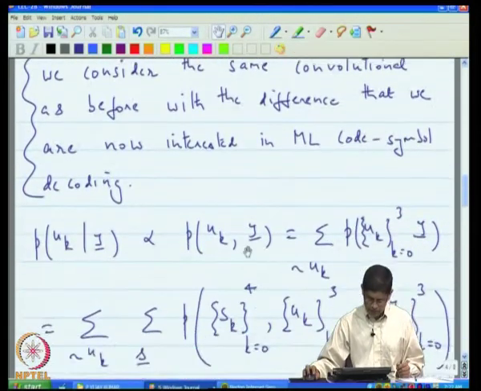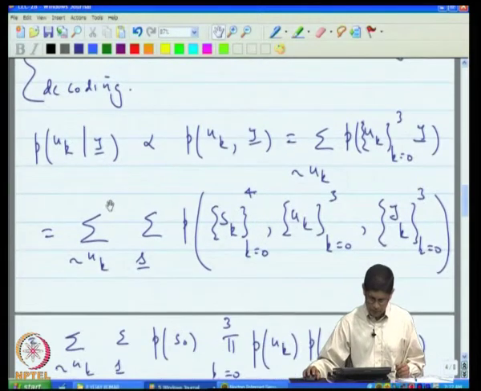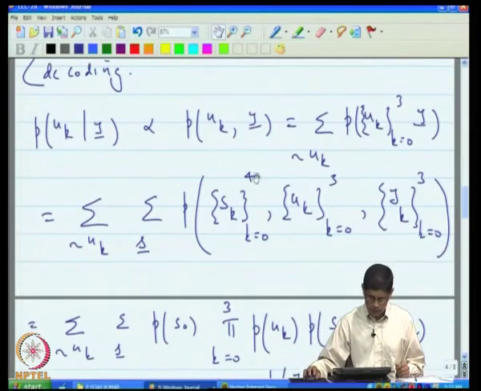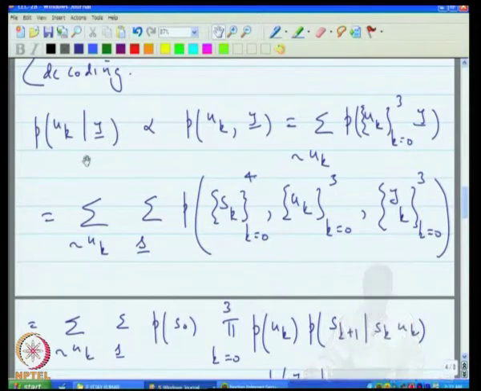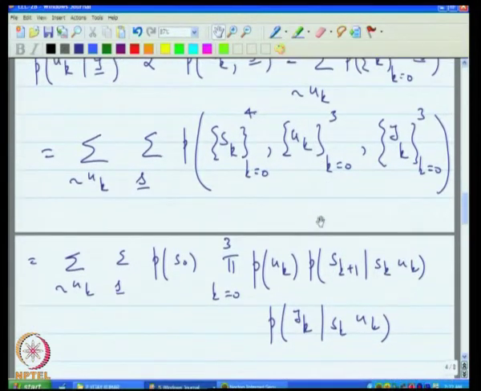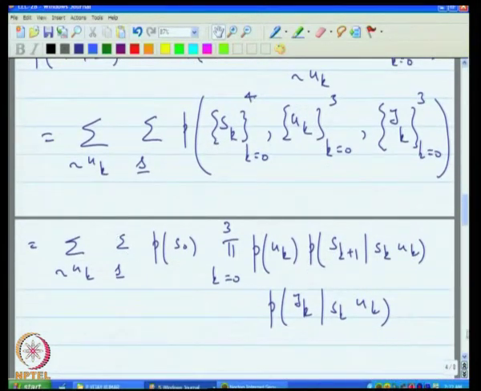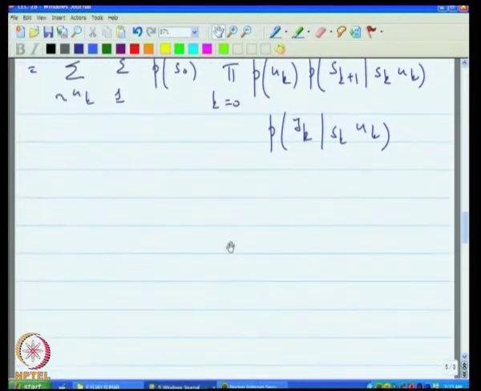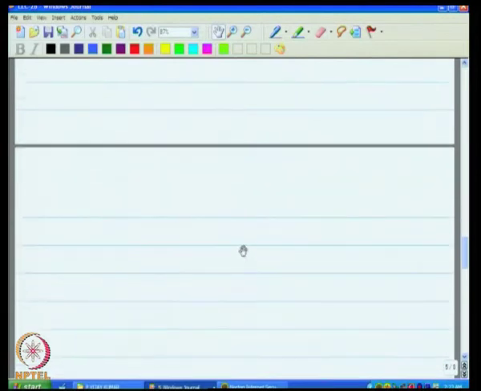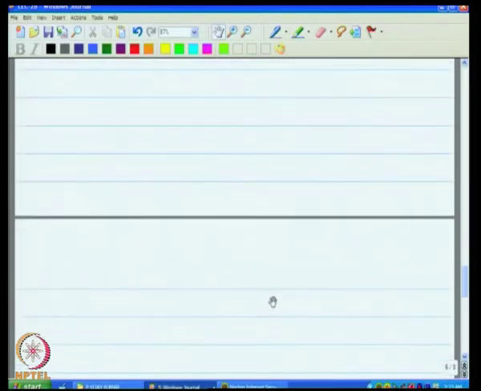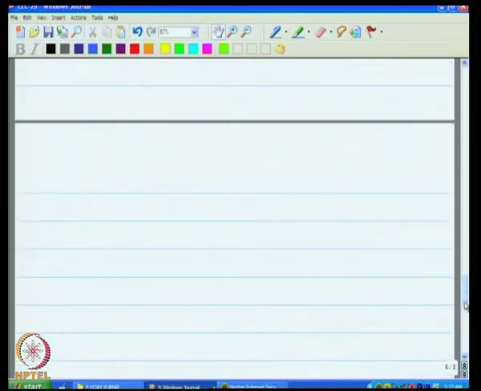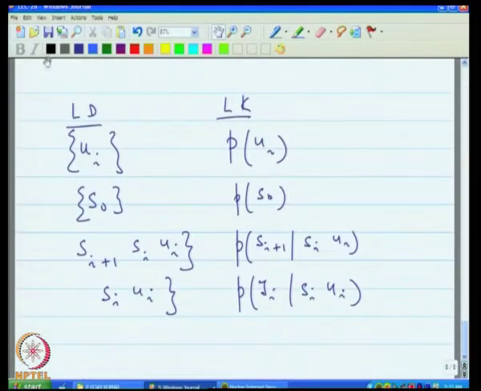So, then the maximum likelihood code symbol decoding needs to compute this particular objective function. So, we actually write this down, and from this it becomes apparent that we have an MPF problem. Okay. And in fact, in an earlier lecture we did put down the local domains and kernels.